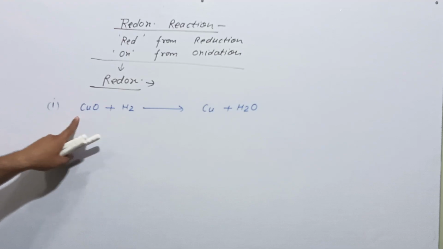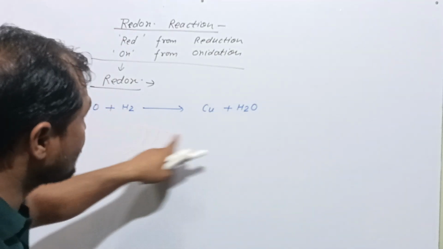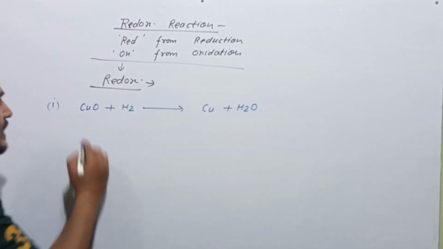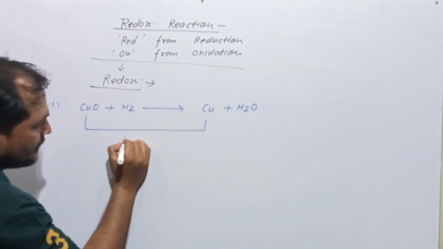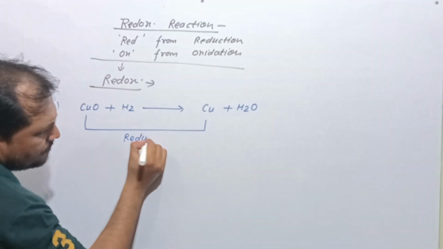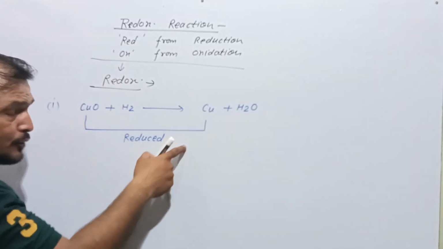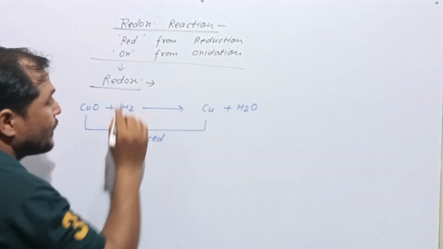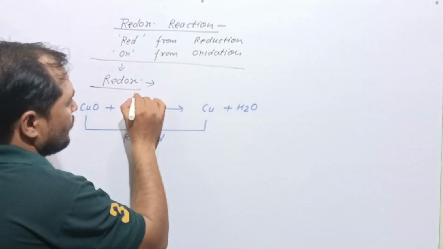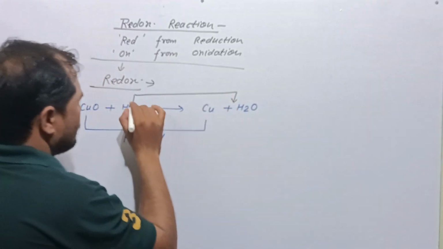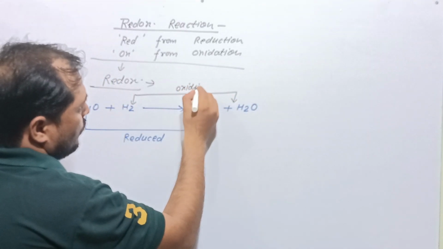So we can say that copper oxide has been reduced into copper, but hydrogen has been oxidized in the form of H2O.